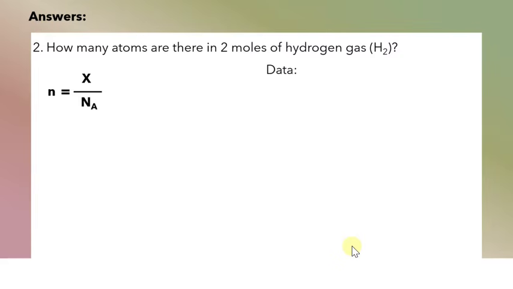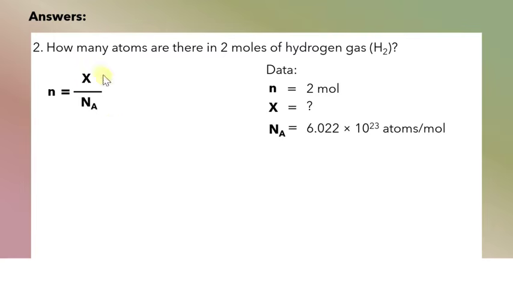So we have data here, number of moles we are given 2 moles. Then X, which is elementary particles, is the number of atoms that they are asking us to find. So this is a question mark. Then Avogadro's number is always 6.022 times 10 to the power 23 atoms per mole, again because we have atoms here and moles here. So these are the units that are going to be on Avogadro's number.